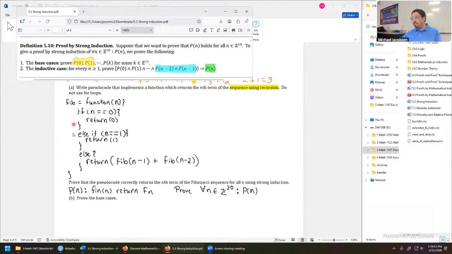It's going to line up with the if and else if in our pseudocode. Then in the inductive case, we can make a general assumption that all prior cases up to n minus 1 are true, and that will imply the nth case is true. Really, we're going to investigate the else case and show that this is going to run as intended by proving the inductive case here.